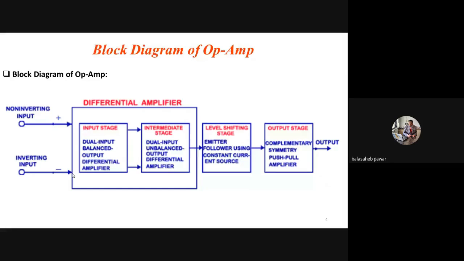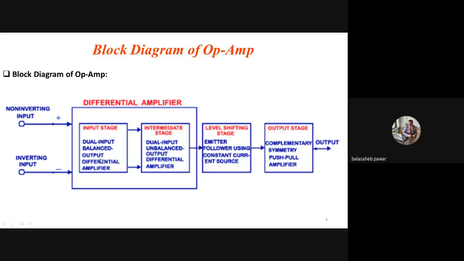Then the next stage, the second stage, is known as the intermediate stage, and it is configured by using transistors again in such a way that it is titled as a dual input unbalanced output differential amplifier. See, what is the difference between the first two? The first one is dual input balanced output, and the remaining two words are common, that is differential amplifier.